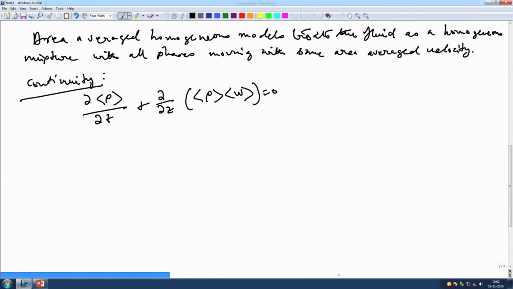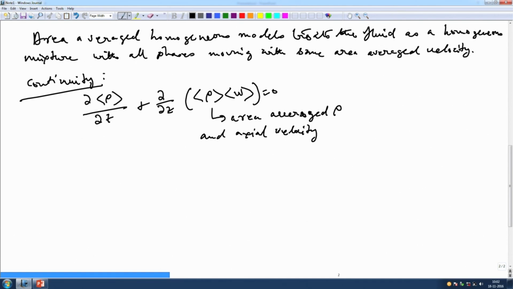So, these are nothing but area averaged quantities, area averaged rho and axial velocity. Got it?